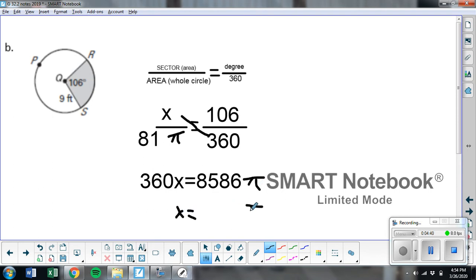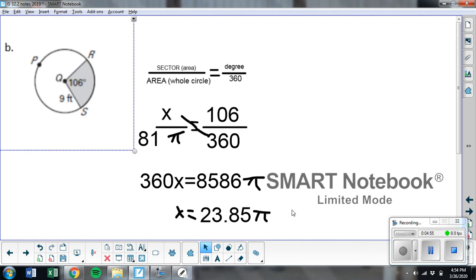Don't type the pi, just leave that. And you get 23.85 pi. This is the area of this sector right here. That's my answer. And I would write my label as feet squared because we're talking about area.